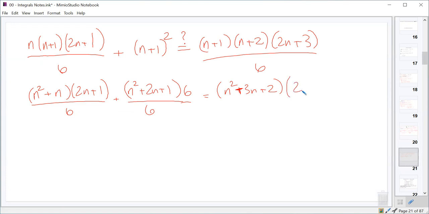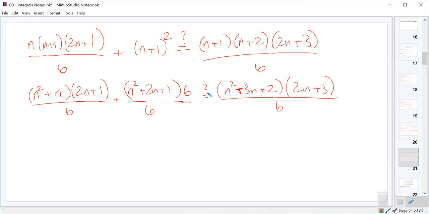And then we'll still need to multiply that by 2n plus 3. And we'll have it all be over 6. And now that the denominators on both sides of my equal sign are 6, I can now just get rid of those denominators. I'm going to stop writing those because they're unnecessary now.